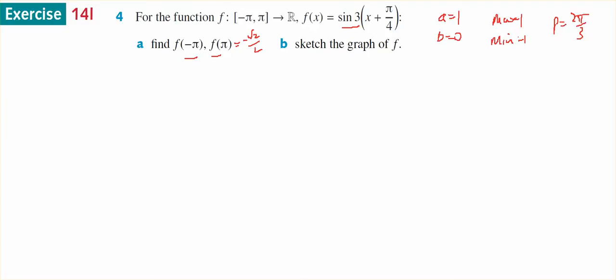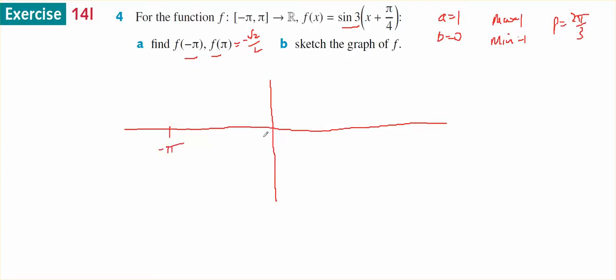Okay, I need to draw this graph, and I need to draw it from there to there. So I'm going to put my axis here. And I'm going to go to negative pi. I'm going to go across to pi. However, I'm going to be moving to the left pi on 4, so I might just go over a little bit.